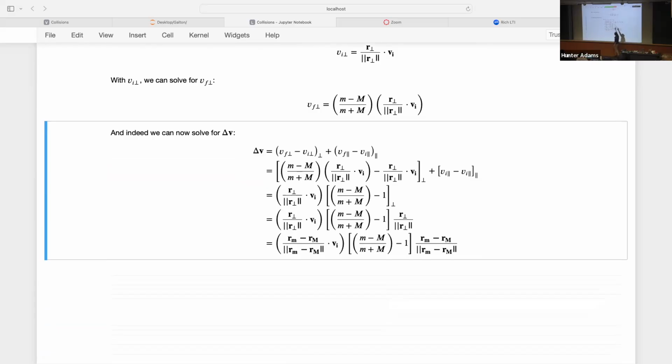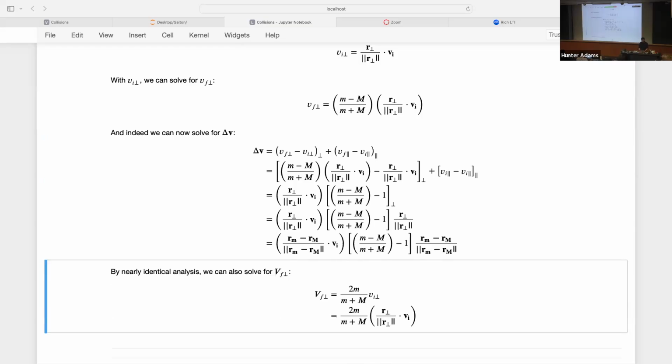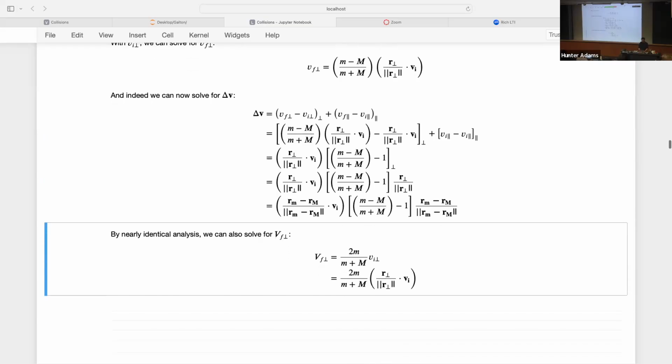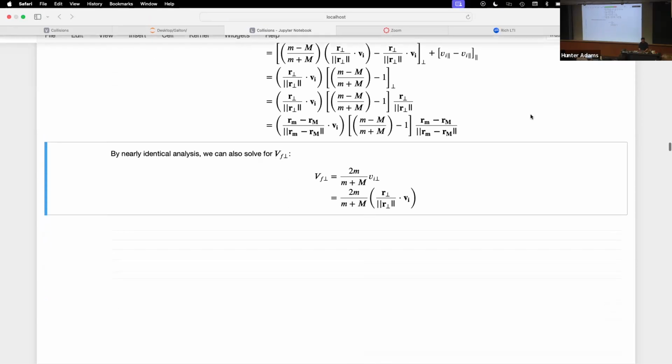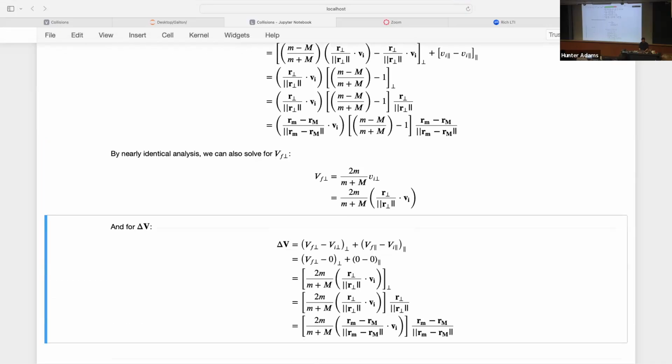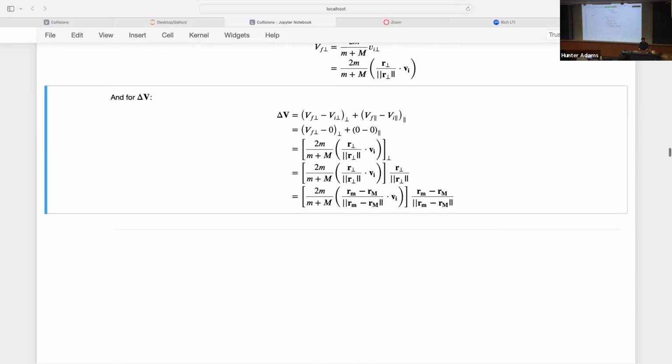Substitute in the final and initial velocities here, right, and do some algebra, and you end up with an expression that is the change in velocity, a vector expression for the change in velocity as a function of that collision. And by exactly similar analysis, we can do the same for the bigger mass as well, and the change in velocity of the bigger mass.